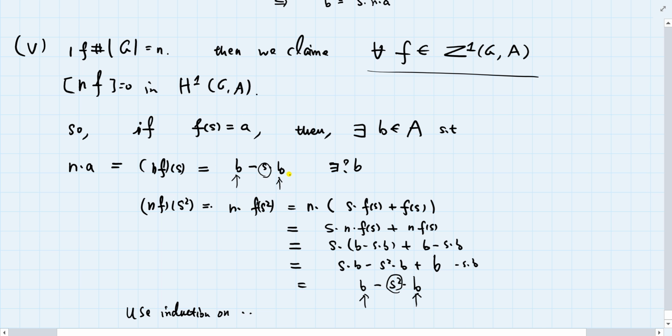We just solve this. We claim B just equals, how to solve this. Just notice N A equals S, you see, because S to the power N is identity of the multiplicative group, so it's acting on B trivially.